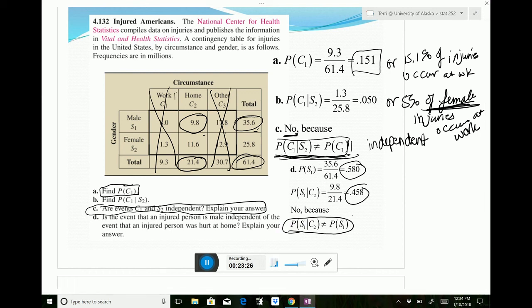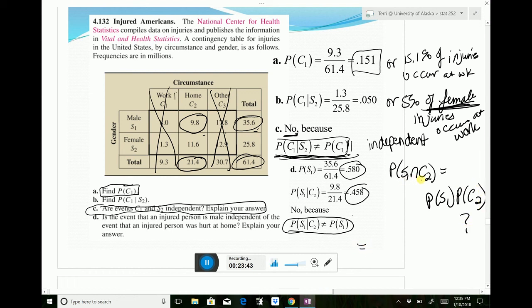Another way to prove this would be to check whether the probability of S1 intersection C2 equals the probability of S1 times the probability of C2. Well, let's find out.